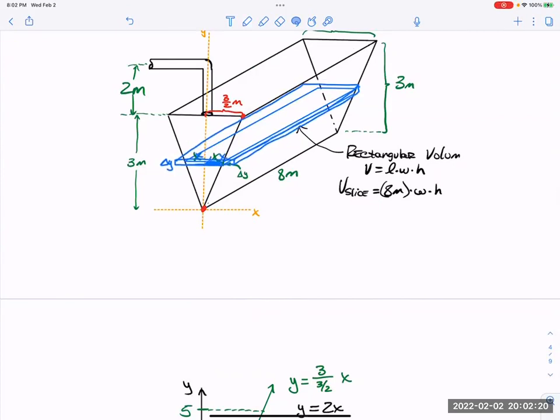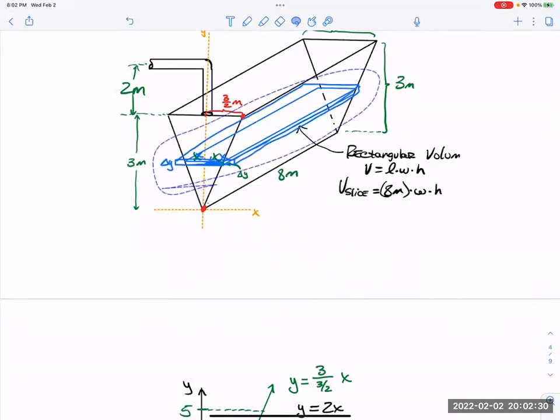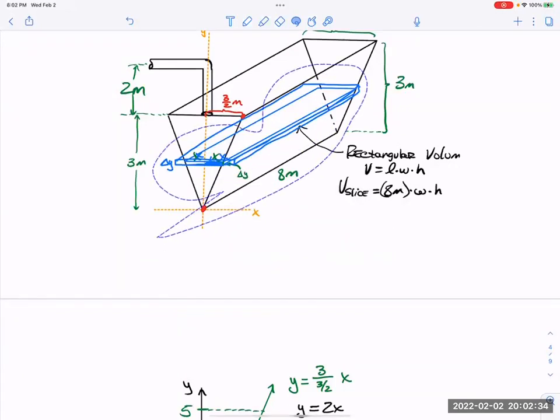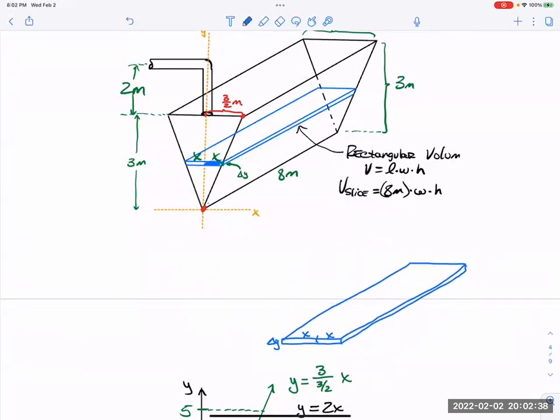It was 8 meters. If I come back to here, the length of this tank then is 8 meters.